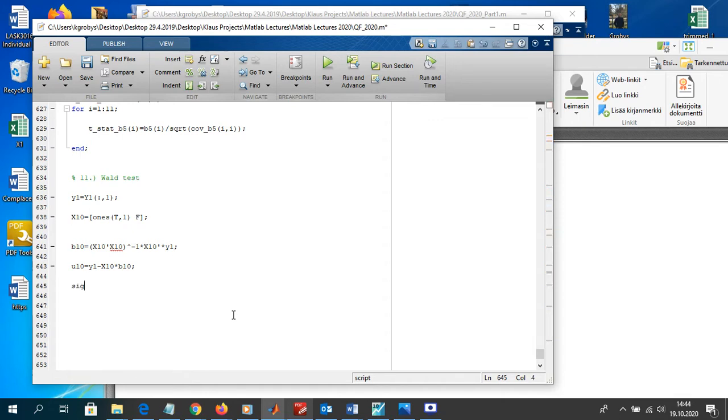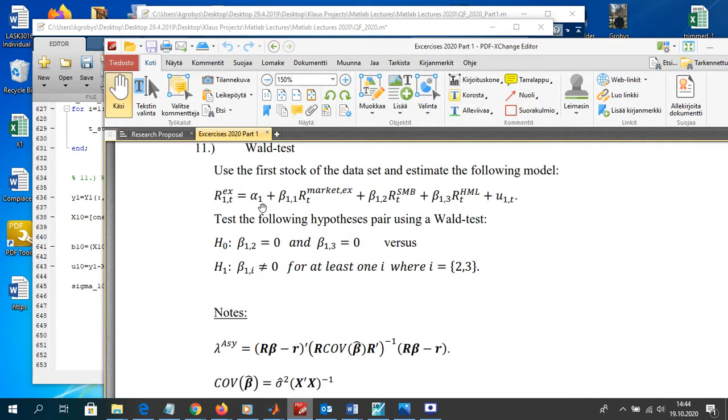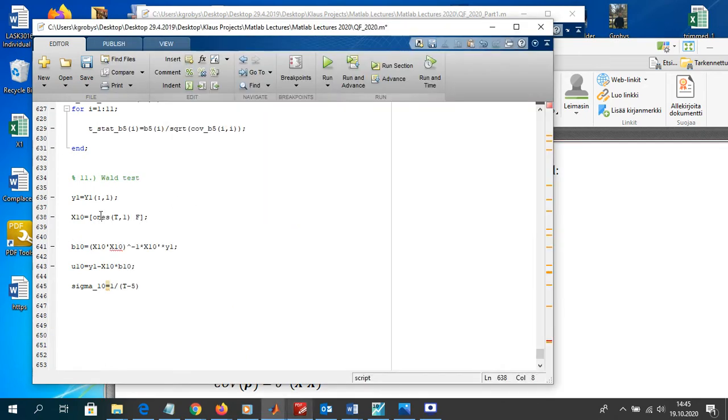Then the corresponding sigma hat square, let's denote it as sigma underscore 10, is simply given by 1 over T minus 5, because we have to lose 5 observations because we have 5 parameters to estimate. Well, it's 4 parameters to estimate, so it's actually T minus 4, right? Then times U10 transposed times itself. So again, we get here a number.